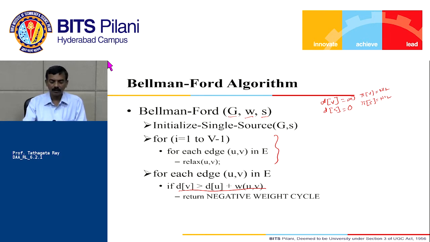Otherwise, if I keep on continuing, I will always keep on reducing my dV infinitely. In case I do not have a negative weight cycle, I will never reach this position, and I will have my shortest path from S to every other vertex.